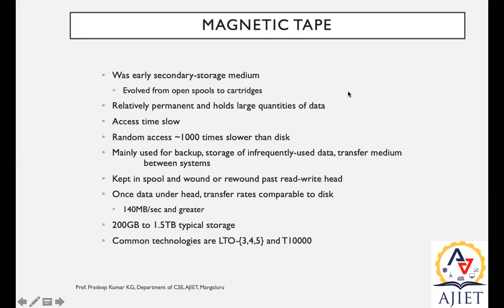Moving further with the magnetic tape. It was an early secondary storage medium, and it evolved from open spools to cartridges. It is relatively permanent and holds large quantities of data.